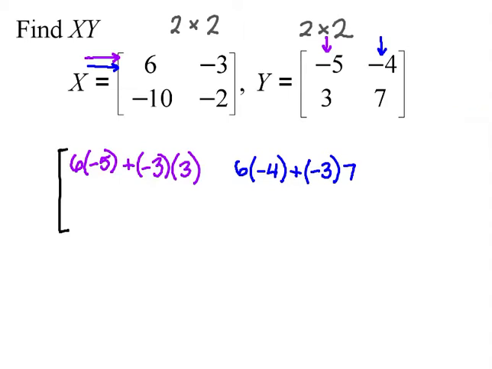So now, I've already used row 1, and I've multiplied it by the column, so now I'm going to do the same thing with row 2. So I'm going to take row 2 times column 1. So I'm going to take -10 times what number? -5. And I'm going to add that to -2 times 3.